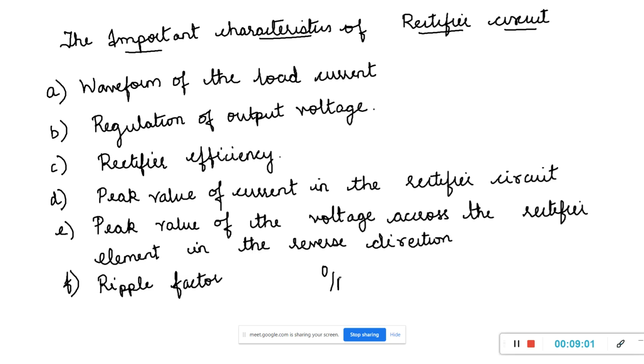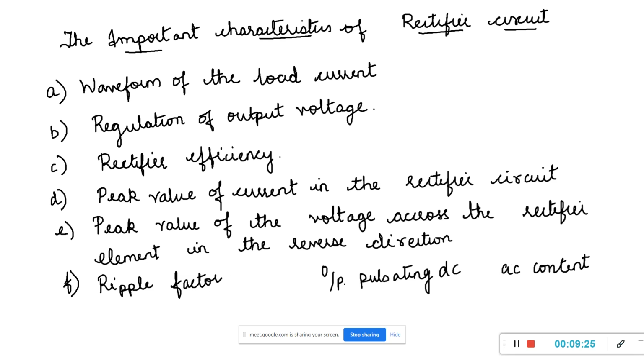The output should be pulsating DC, but in that some AC content is there, and that we need to measure. We can measure it by a mathematical expression, and that factor is called ripple factor.